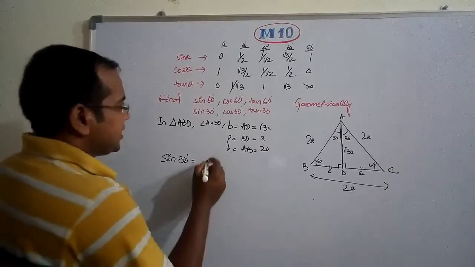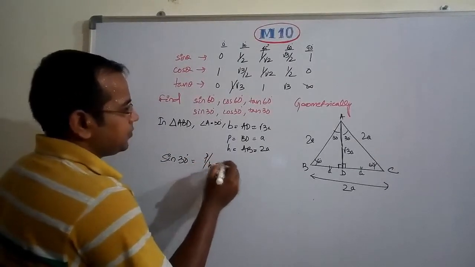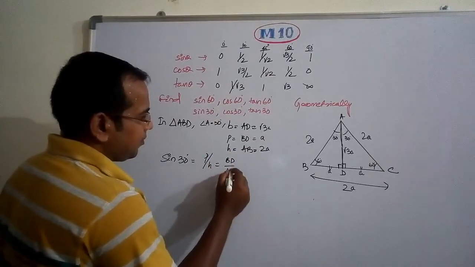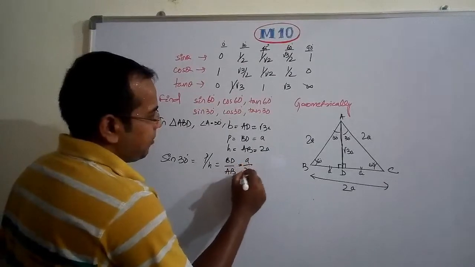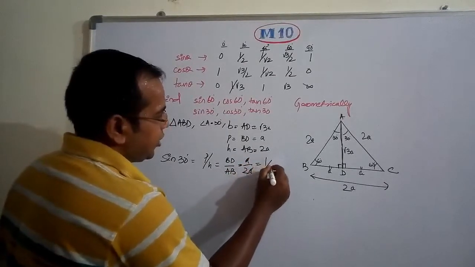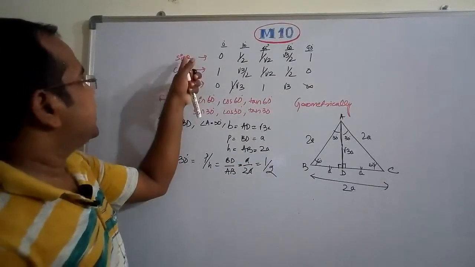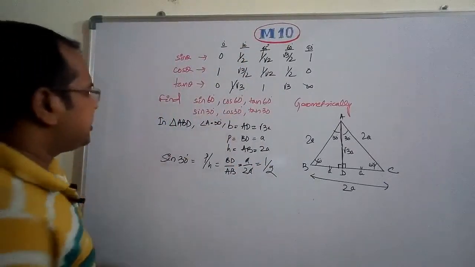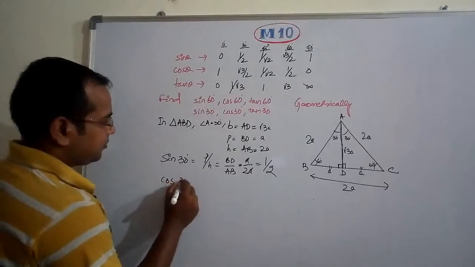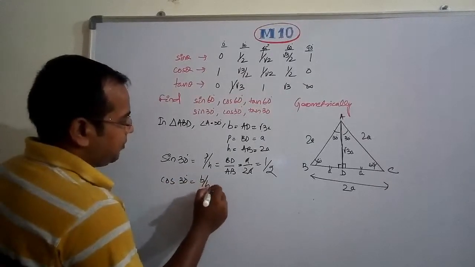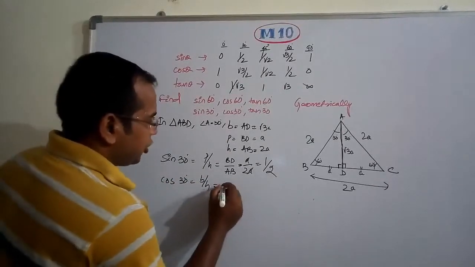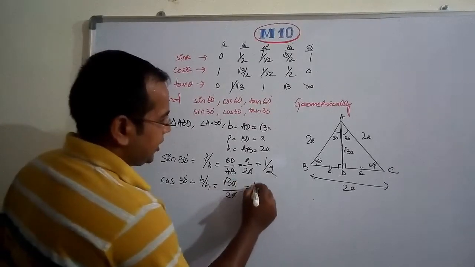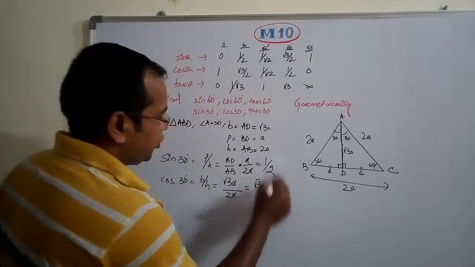Sin 30. Sin is P by H, that is equal to BD divided by AB. A by 2A, it is cancelled out, we are getting 1 by 2. So here sin 30 equals 1 by 2, which is proved. Cos 30, that is equal to B by H. So you will get root 3A divided by 2A, you will get here root 3 by 2.